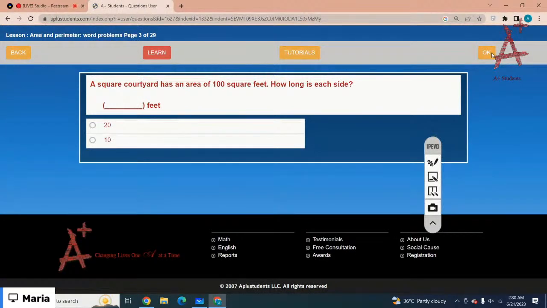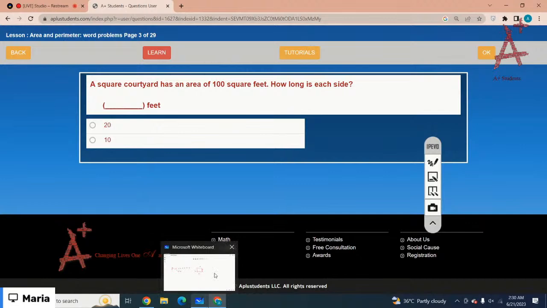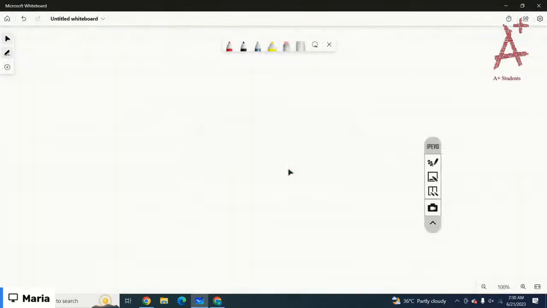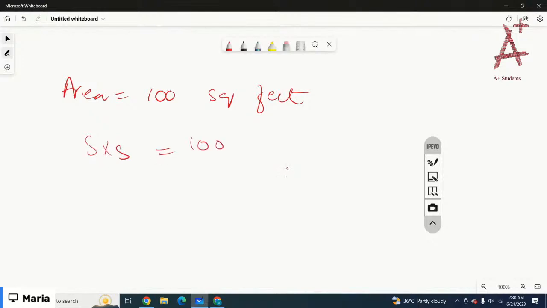Okay, a square courtyard has an area of 100 square feet. How long is each side? You are given the area, that is 100 square feet. We know that when we are calculating the area of the square, we do side times side. Got it?